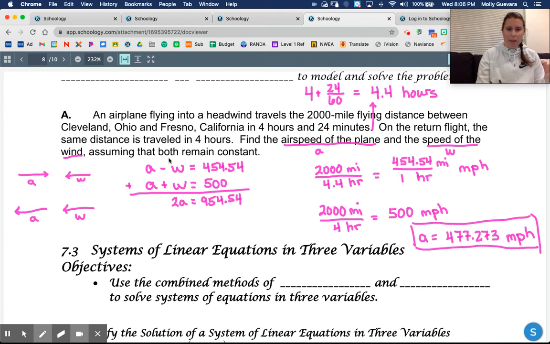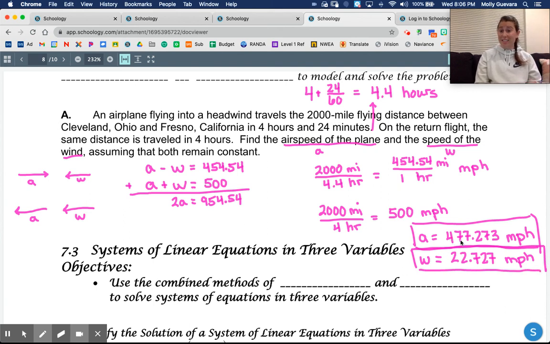Once I know that, then I just plug it into one of these. And I think you can do that on your own because I'm definitely running out of space. And I get that the speed of the wind is 22.727 miles per hour.